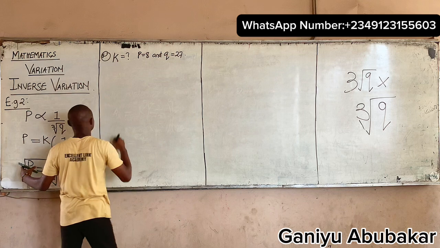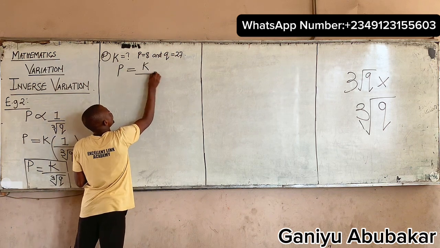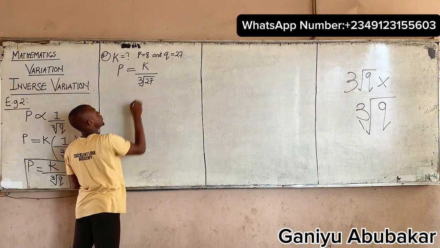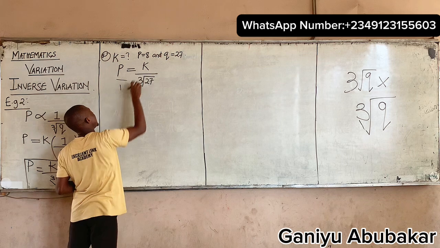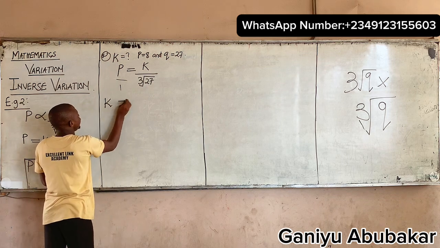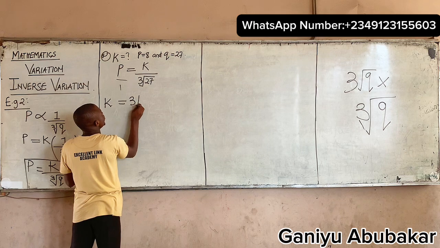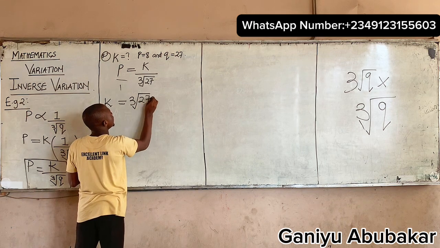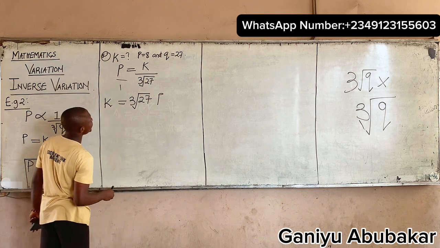Now we said P is equal to K over the third root of 27. Let's make K the subject. 1 times K is of course K, equal to P times the third root of Q.